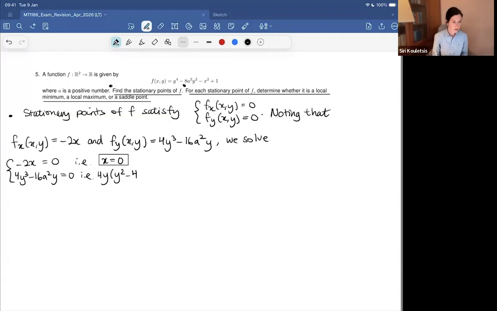And we can take a 4 outside as well here. And we get 4y times y squared minus 4a squared, set that equal to 0, which means that either 4y is 0 or y squared minus 4a squared equals 0.